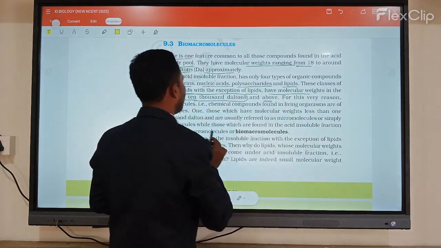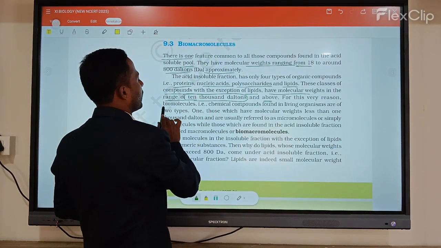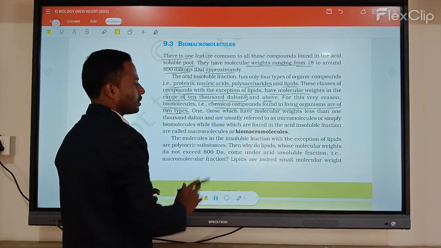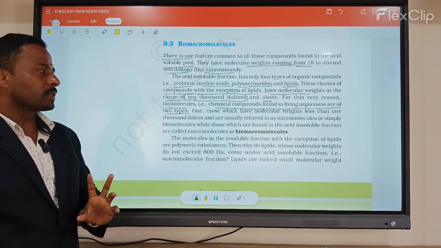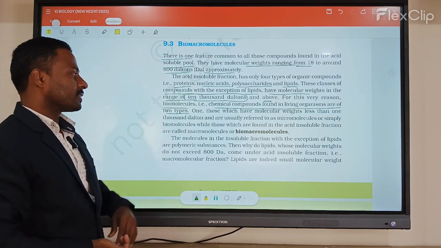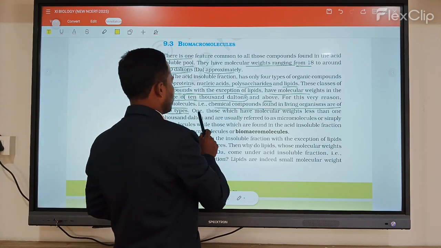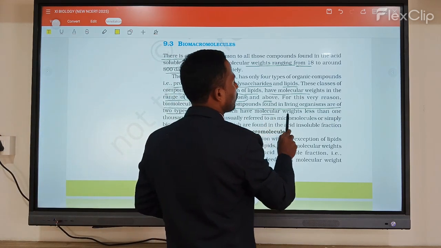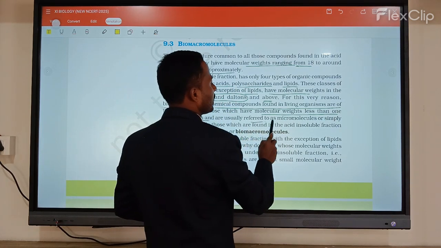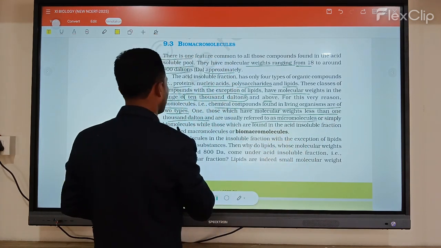For this reason, the biomolecules, the chemical components found in living organisms, are basically of two types. Those having a molecular weight less than 1000 daltons are usually referred to as micromolecules or simple biomolecules.